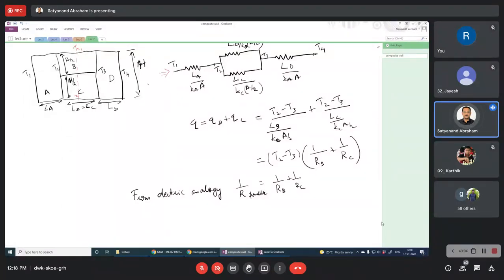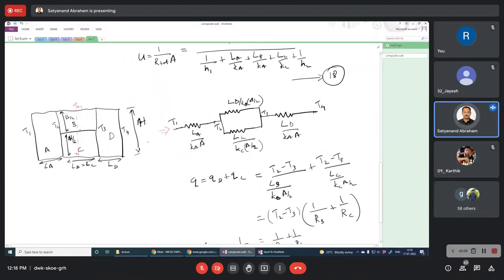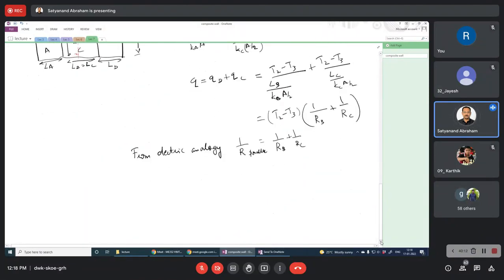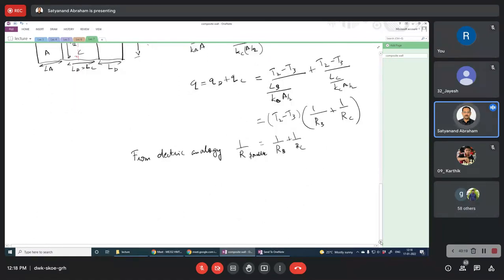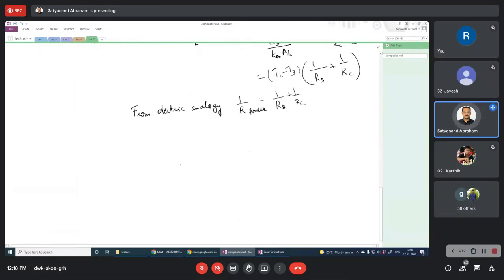So if these things come in like this, you can simply consider them as a parallel resistance and then do the calculation. We can write this as R total.